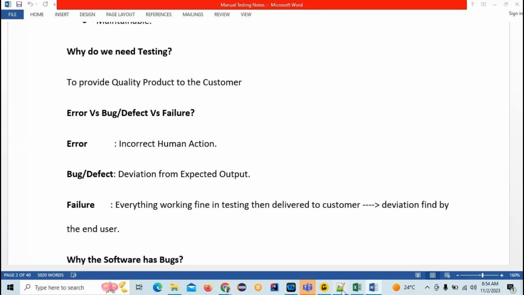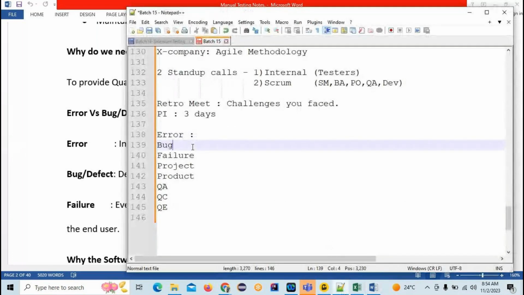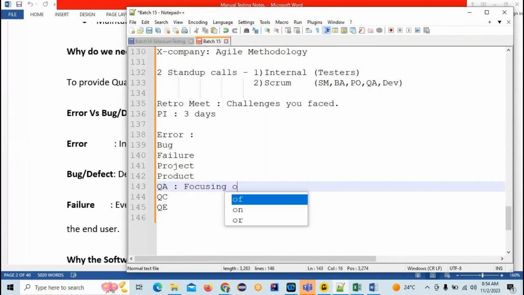Okay, so what is meant by QA? Focusing on preventing what? Defects or bugs. Okay, then what is meant by QC?